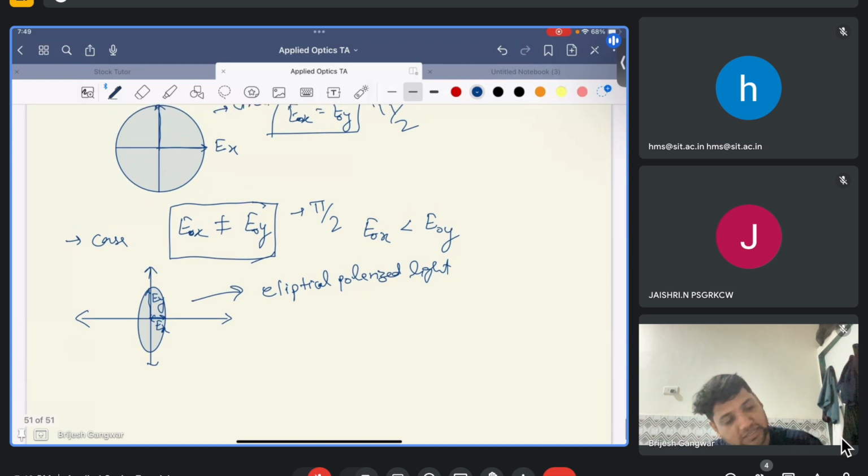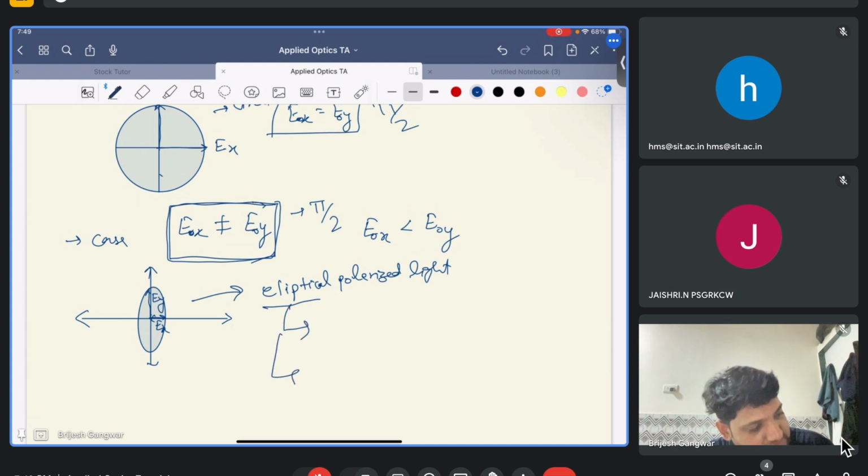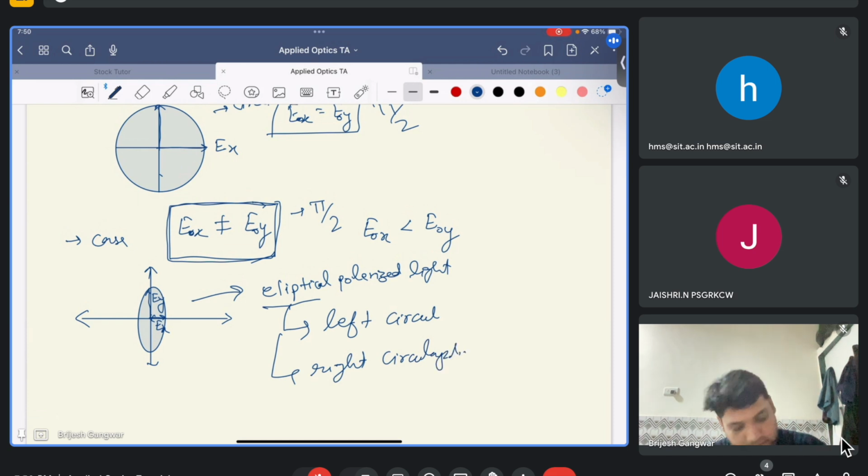So the circular polarized light is the special case of elliptical polarized light when we have equal amplitude. Okay, but we read circular polarized light first, after that we read elliptical polarized light. Okay, in elliptical polarized light also we have two cases, left circular polarized and right circular polarized.